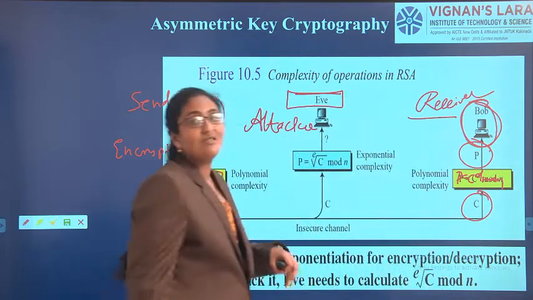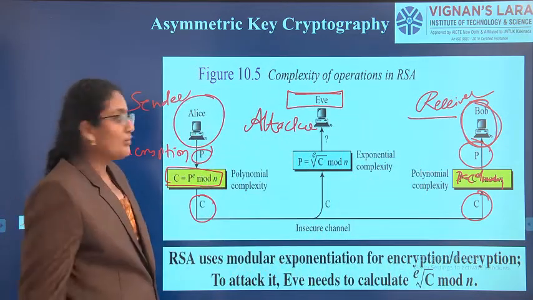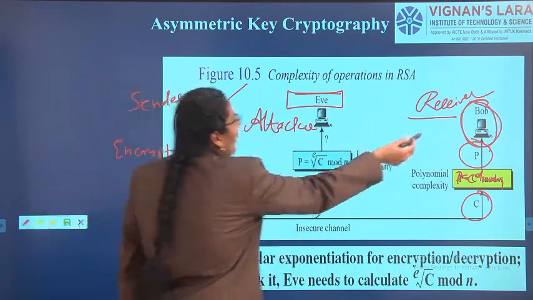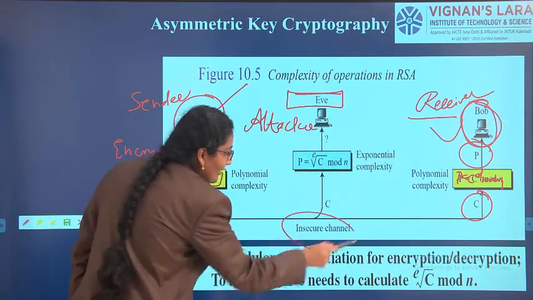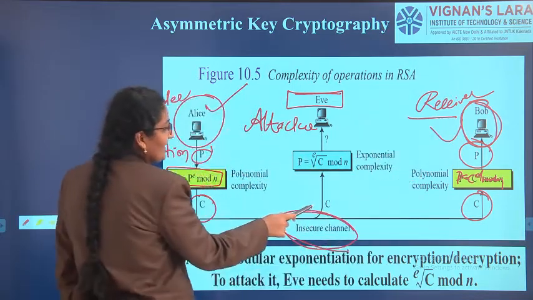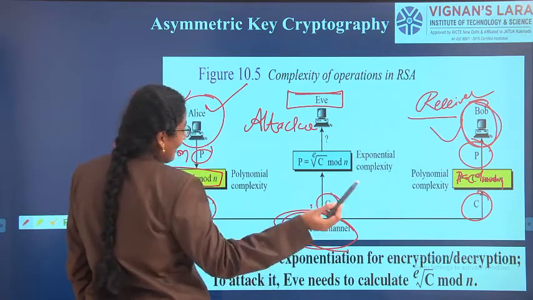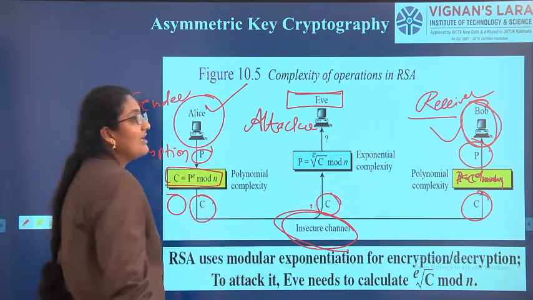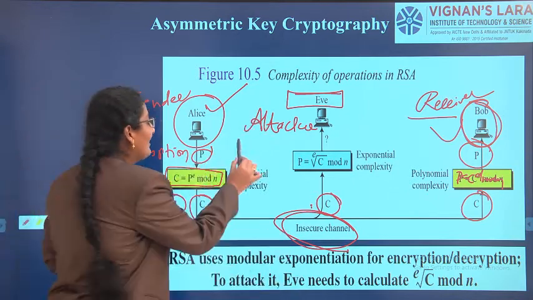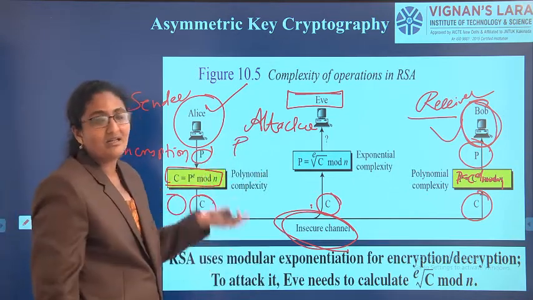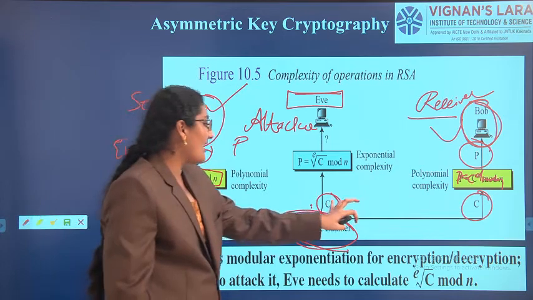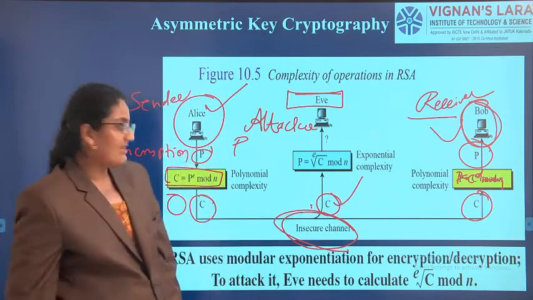So everything is fine. But as I told you, Alice and Bob are communicating in an insecure channel. In this insecure channel, somebody may attack the ciphertext, somebody may attack the plain text. If somebody attacks only plain text, that is chosen plain text. If somebody attacks only ciphertext, that is chosen ciphertext.